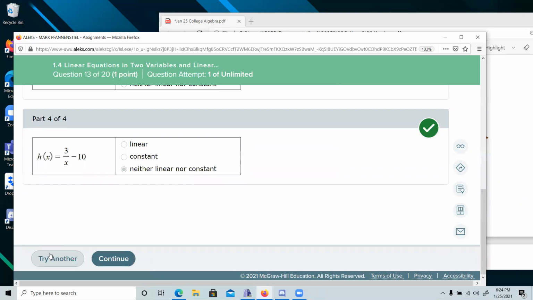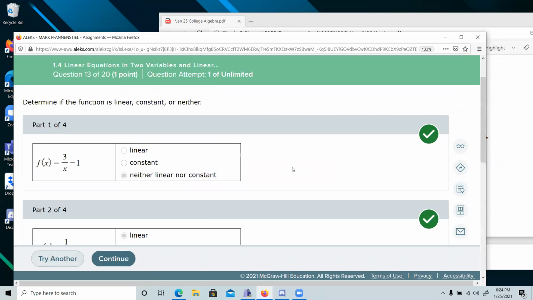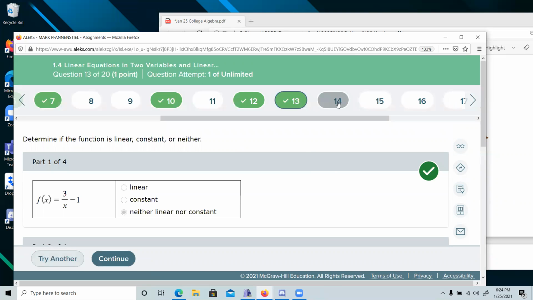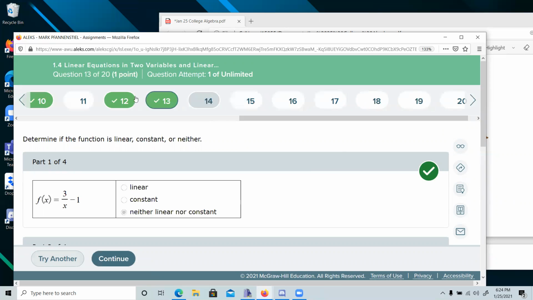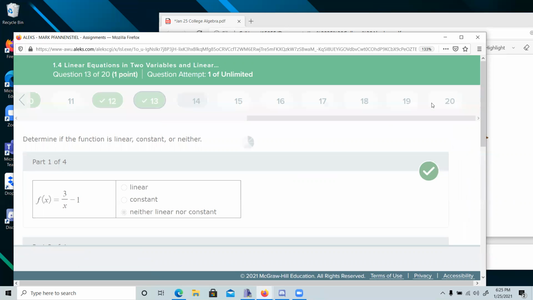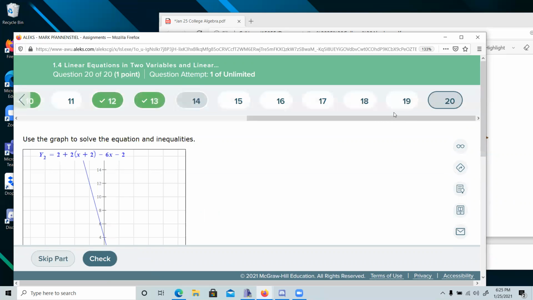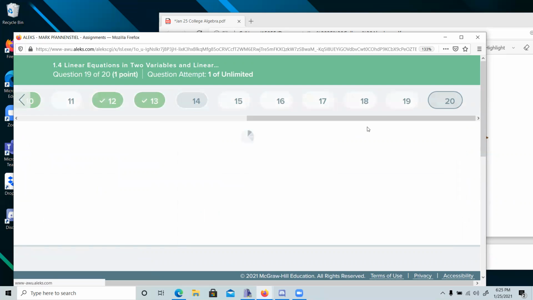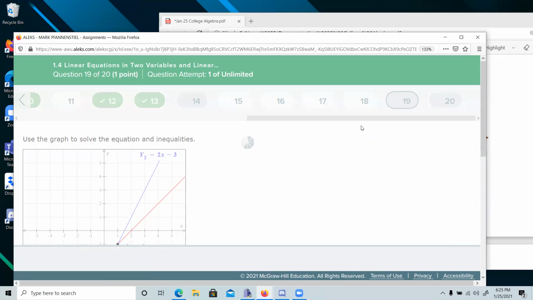Right? So I think I'd like to stop here for the evening and let you at least get to this point with it. And we will take a look at what else is going on with the rest of these. There's a lot of lines. I have a feeling we're going to be dealing with some word problems in here somewhere.